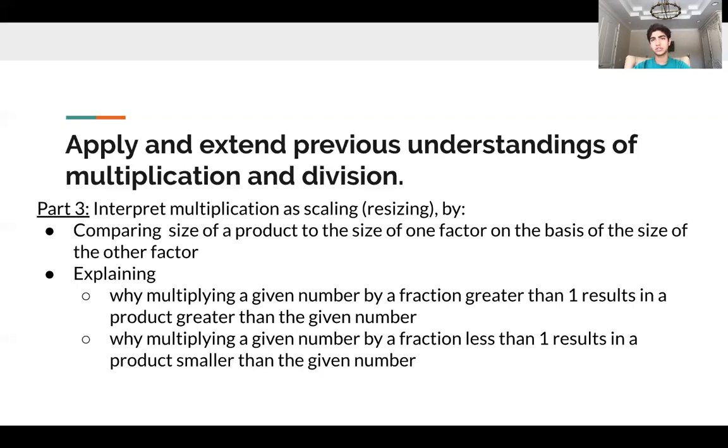Whenever you multiply a number by a fraction bigger than 1, it's always going to be larger. Now, vice versa, when you multiply a given number by a fraction less than 1, that's going to create a product smaller than the given number. If I have 1/2 and I multiply by 1/2, that's going to give me 1/4. And we know 1/4 is smaller than 1/2.